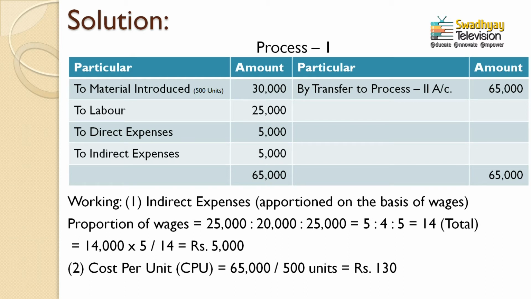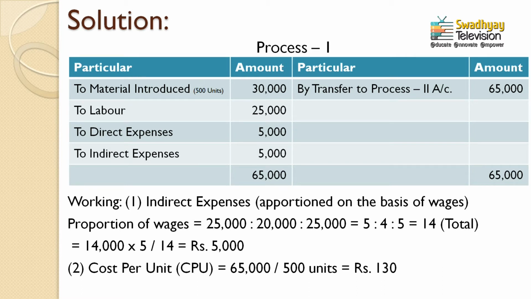That means it is a raw material for the next process, and that's why we mention here the total amount of process 1 transferred to the process 2 account, and that amount is rupees 65,000. Whatever the total we have at the end of process 1 is transferred to the process 2 account. So the finished goods of the respective process 1 become a raw material for the next process.